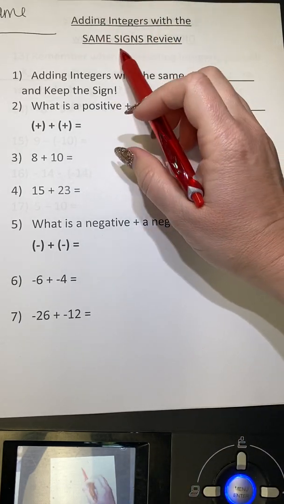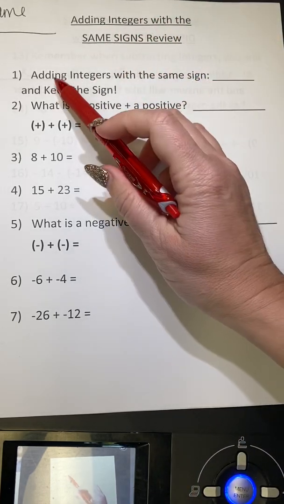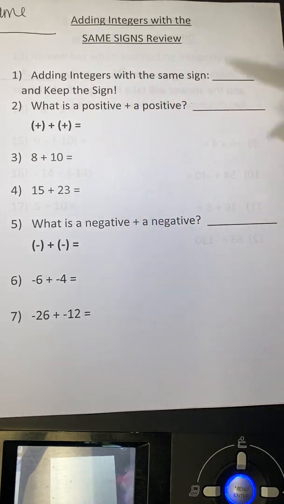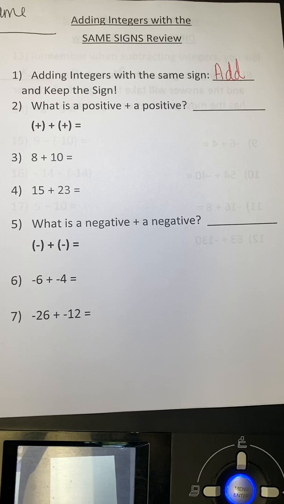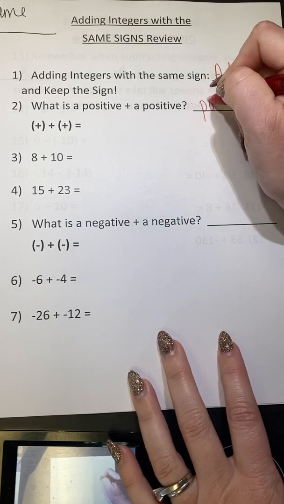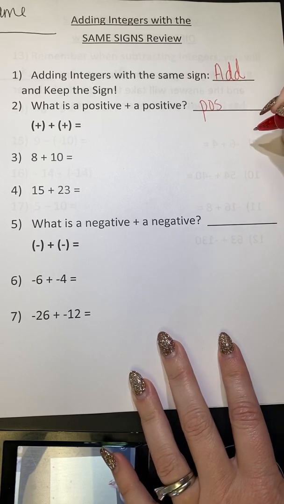We're adding integers with the same sign. When we are adding integers with the same sign, we add and we keep the sign. A positive plus a positive is positive.